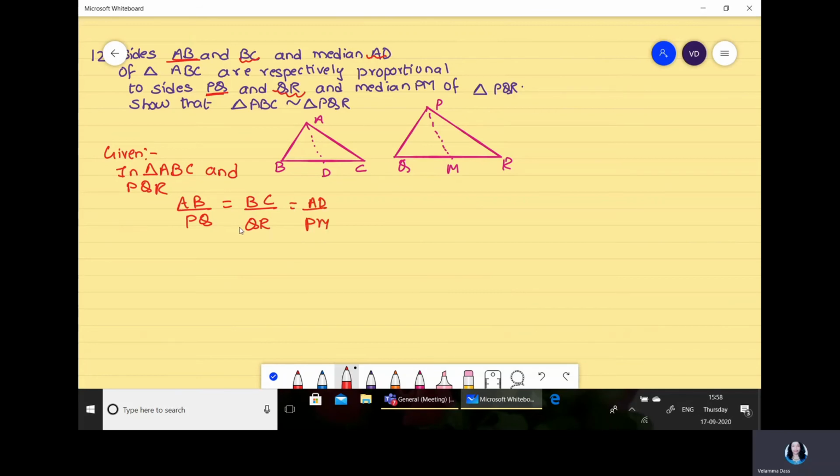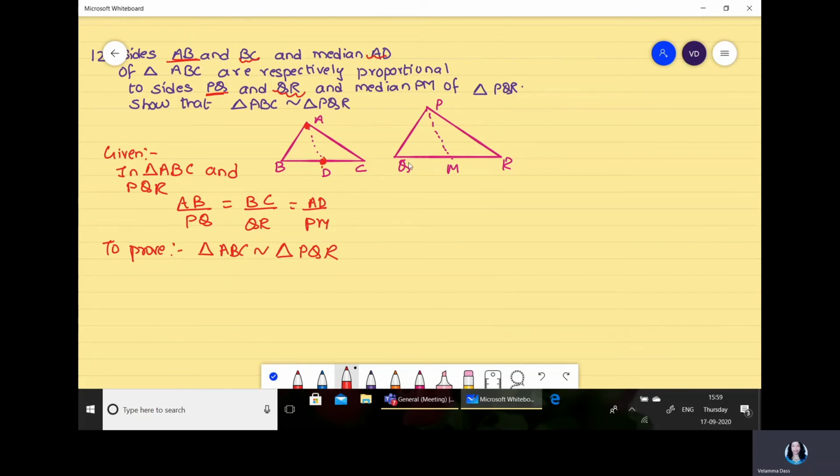This is the given proportionality. What are we supposed to prove? We are supposed to prove that triangle ABC is similar to triangle PQR. What do we mean by the word median? The segment joining the vertex to the midpoint of the opposite side. So it is bisecting BC, so that BD and DC are equal.